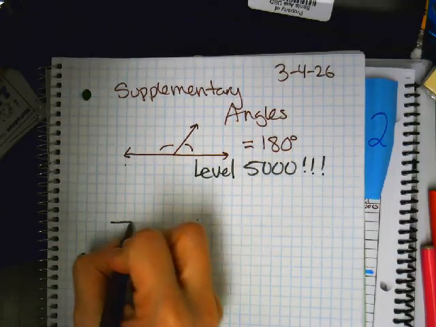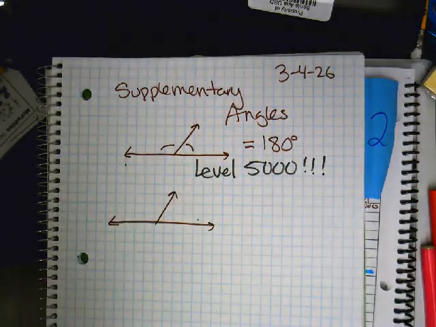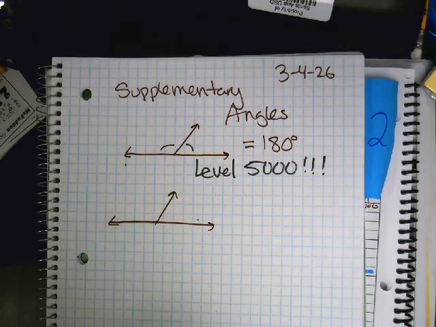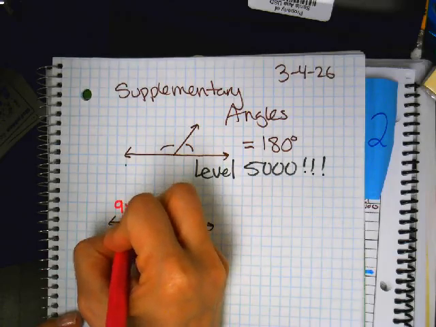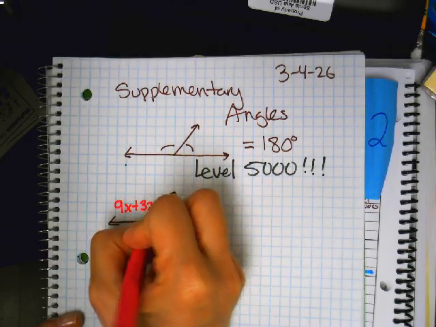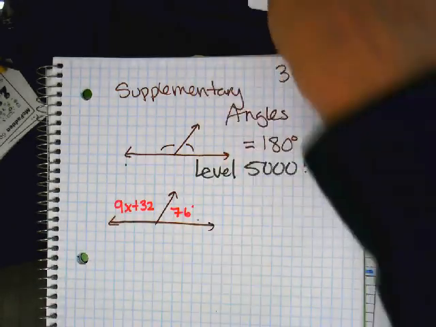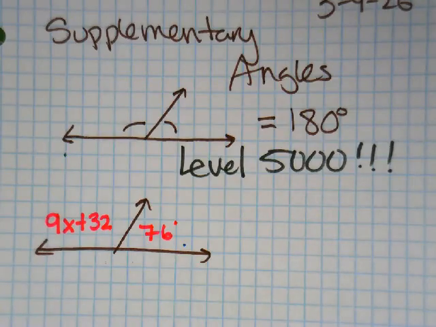We can do this. We can do this. Oh, that's not that bad. This is not level 5000. This is level 4999.